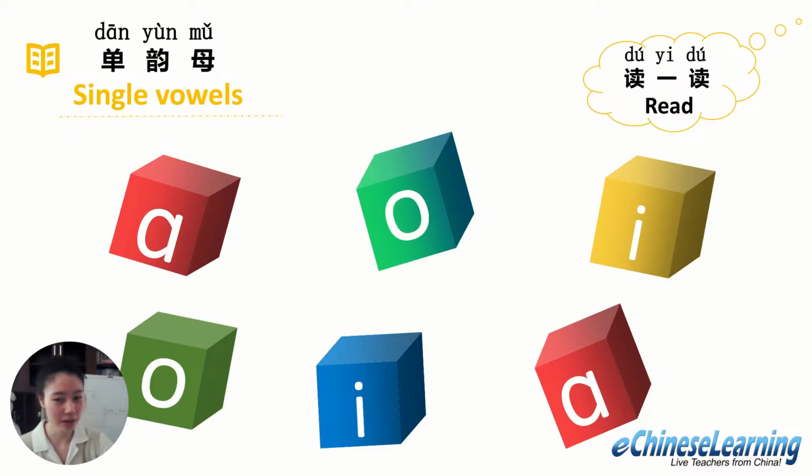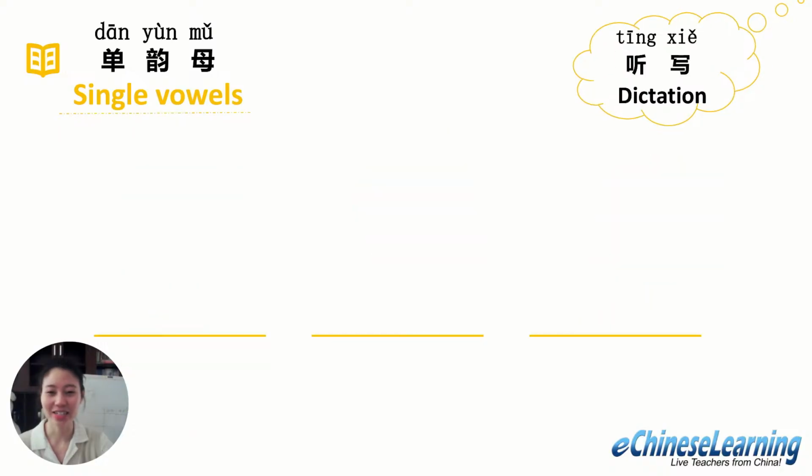The bottom line, the first one is o, next is e, and the last one is ah. I think it's kind of easy, right? It's not that hard. Let's check the next one.